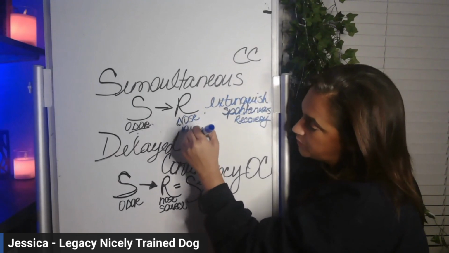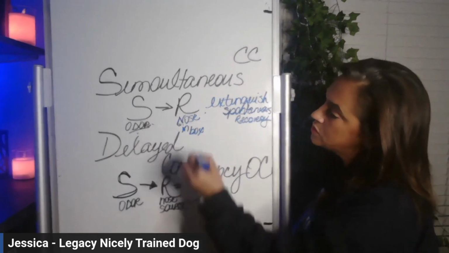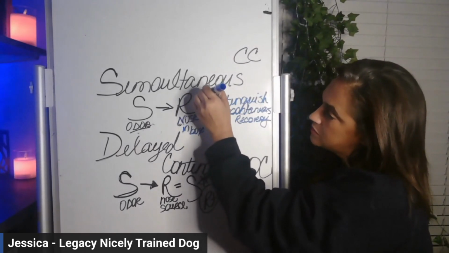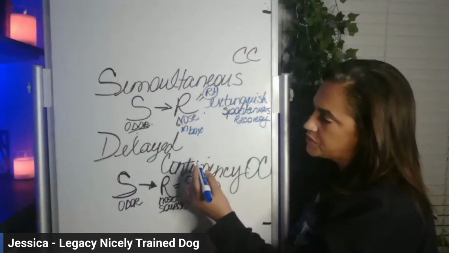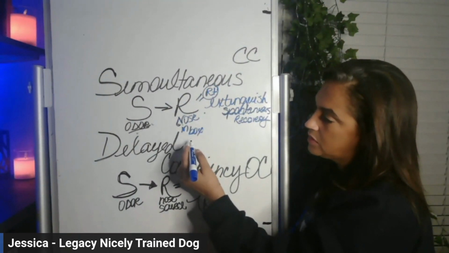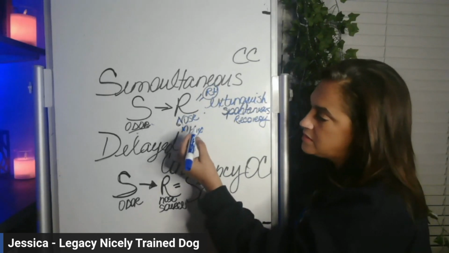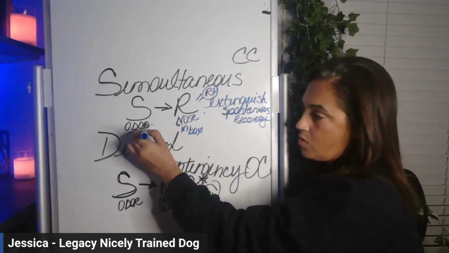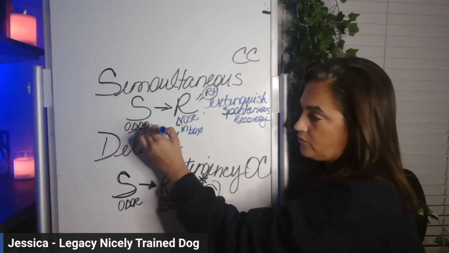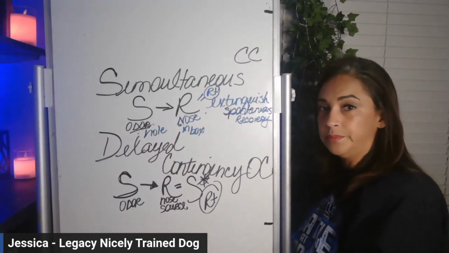Similar to what they're doing here, going to the source, and they get reinforced. But are you reinforcing the behavior? Is the behavior because there's odor there? Or is it because there's a hole there and it's already been reinforced for putting its nose in the hole?